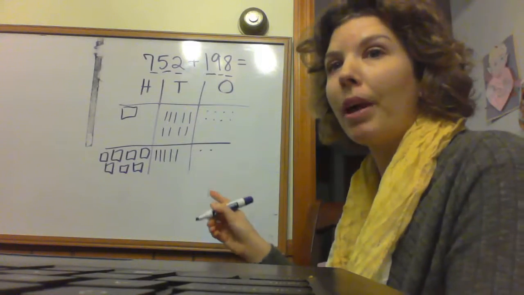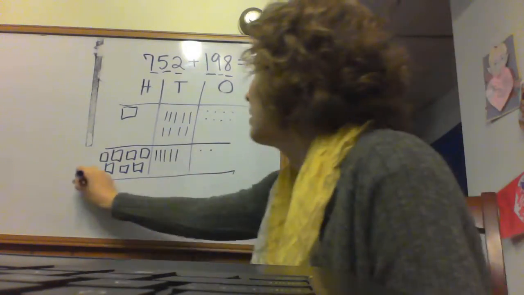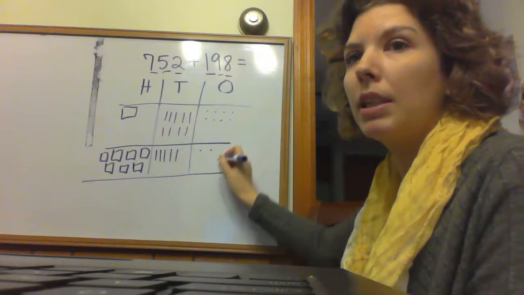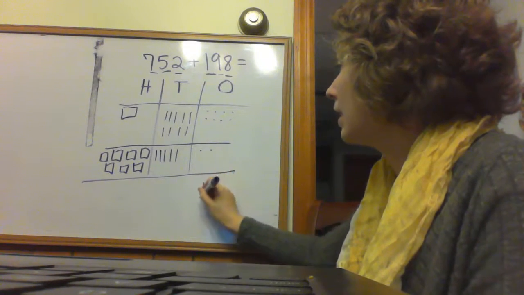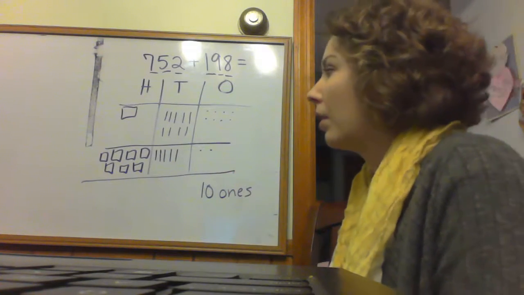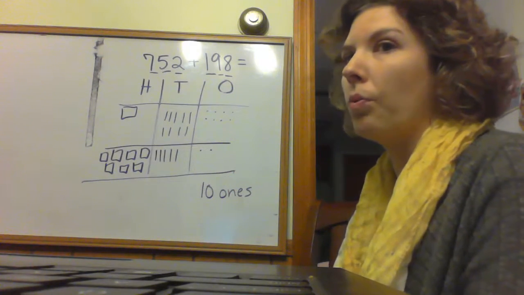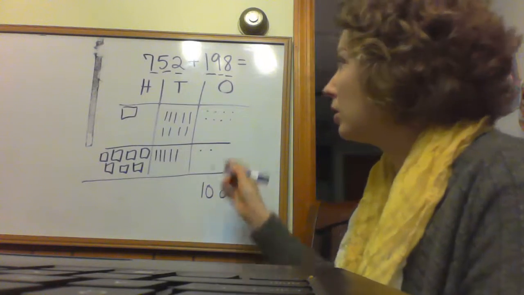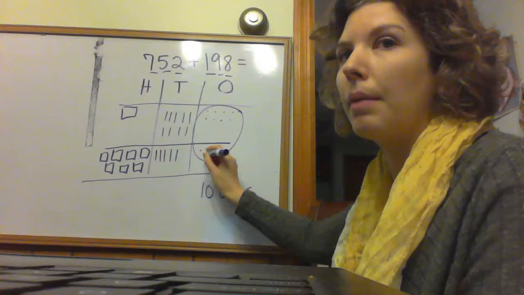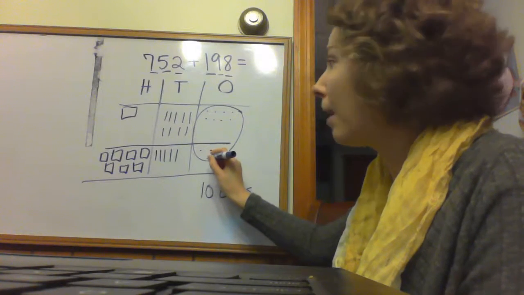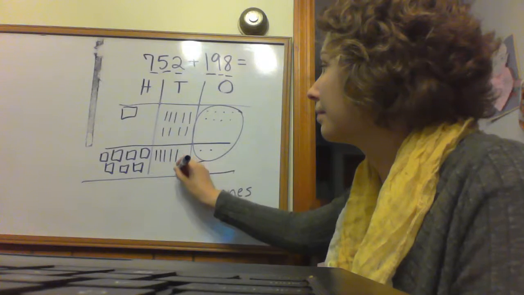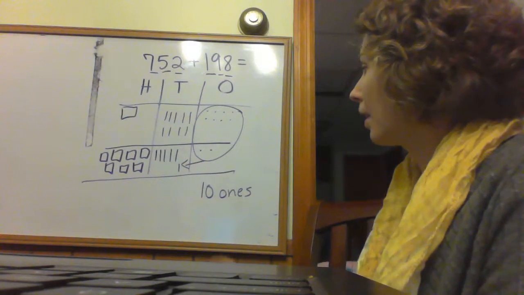So we always start with the ones. We have 8 ones here, 2 ones here, that makes 10 ones. Okay, so what I've been teaching the students to do is take these ones that make 10, bundle them up, and move them over.